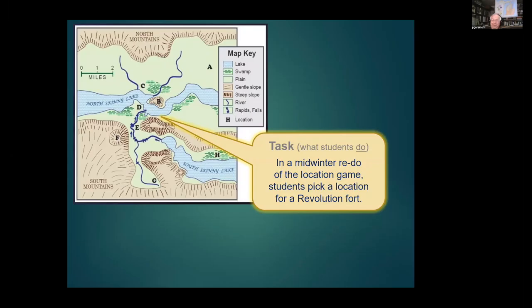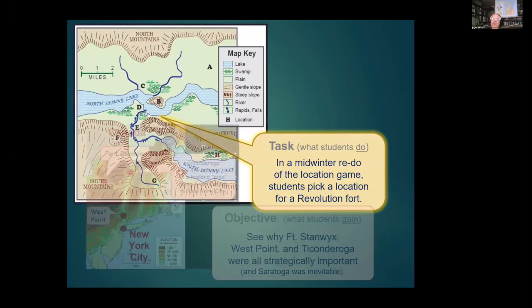So back in September, they were picking a location for a colony on the East Coast. Now they're using the same kind of logic to pick a location for a Revolutionary War fort. And slowly, the presentation gives them more information, and they wind up picking the place for Ticonderoga.